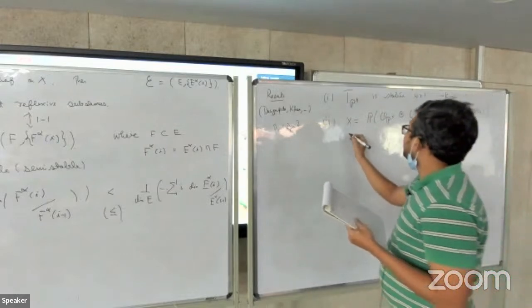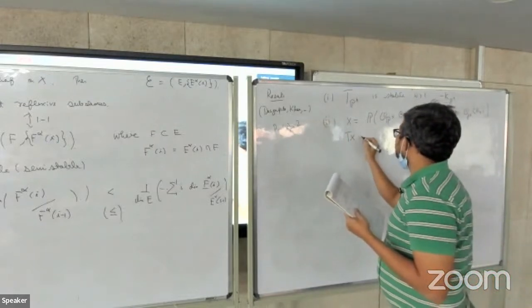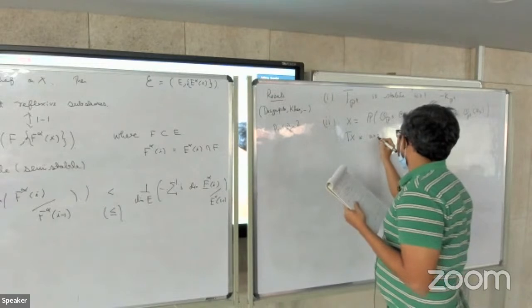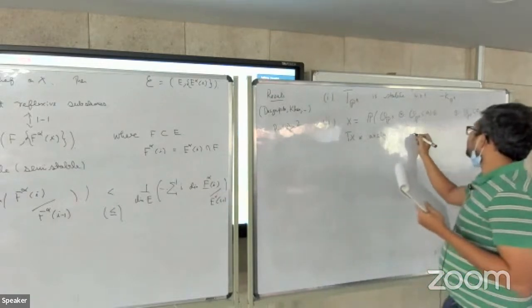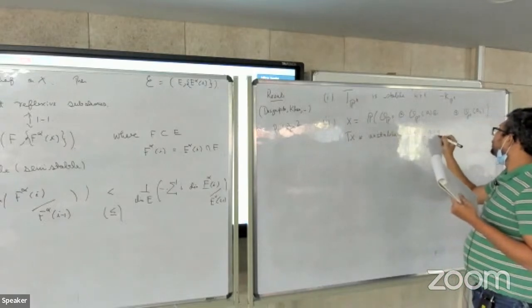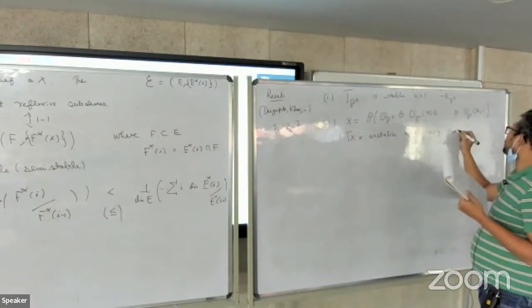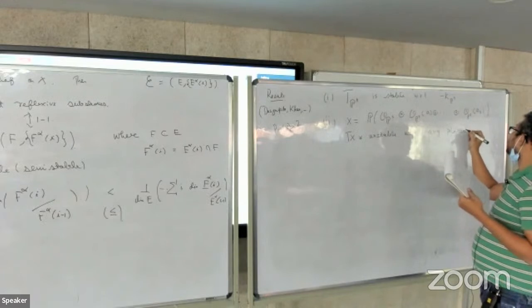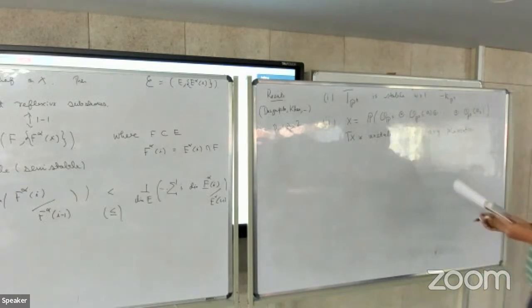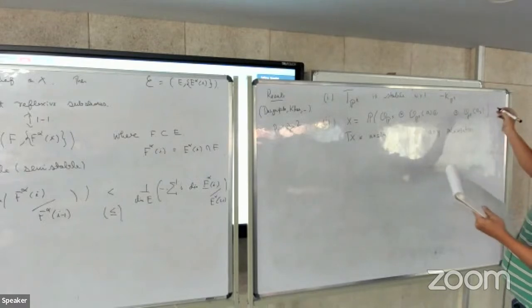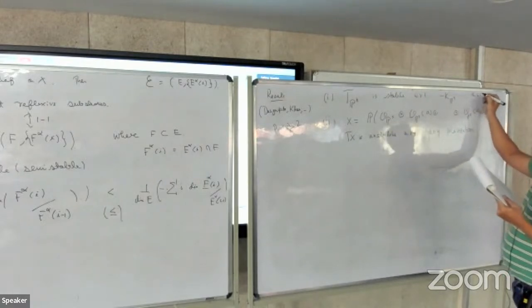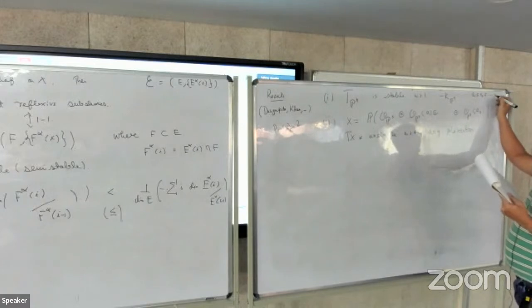First is that T_X is unstable with respect to any polarization. I assume the a_i are in increasing order, a_1 less than or equal to a_2.